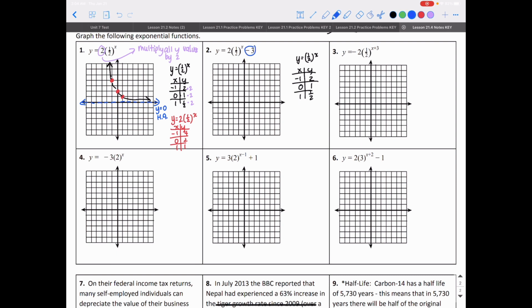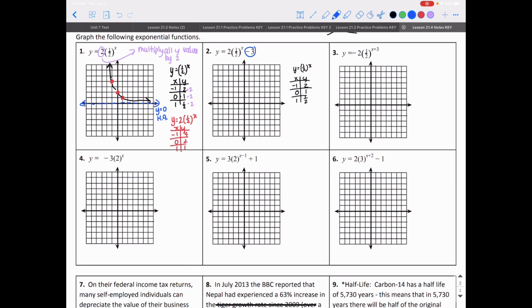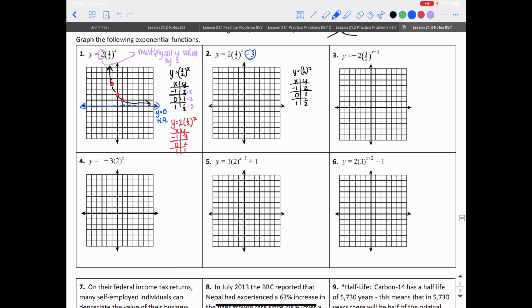So I'm subtracting 3 on the outside, which means, actually I'm going to move this down a little bit to make it smaller. I know that that's subtracting 3, so that down 3 means that I'm subtracting 3 from all y values.